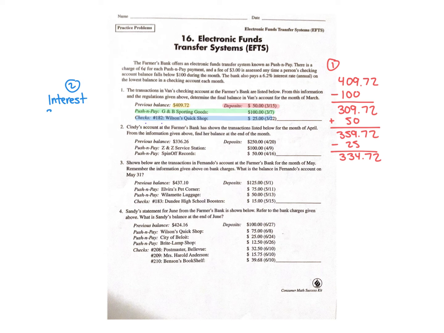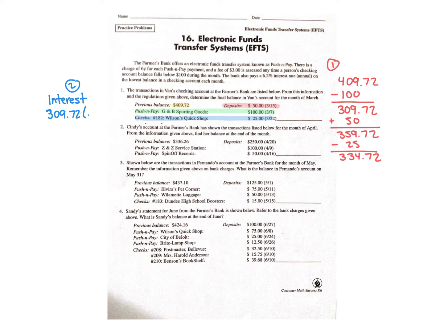So I'm going to take the interest on the lowest checking account balance. The lowest checking account balance that we have here is $309.72.